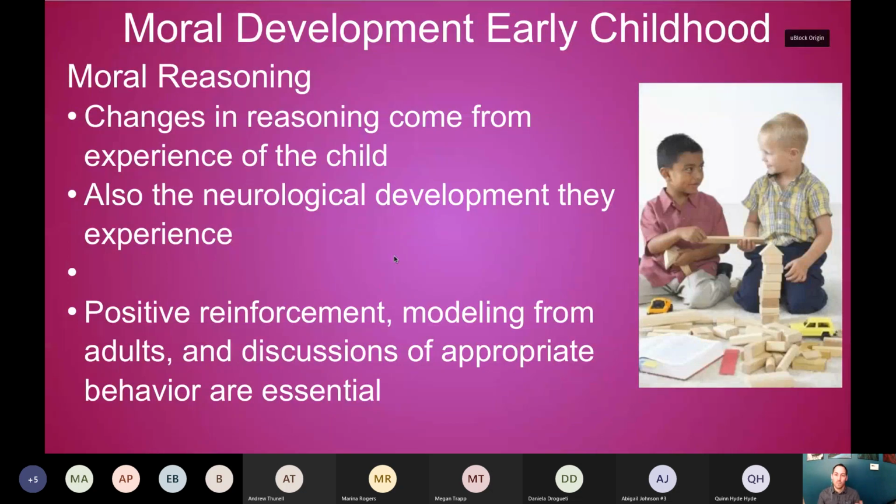So reinforcement or modeling from adults for specific kinds of reasoning, actually doing dilemmas, stopping a Disney movie in the middle. I don't know why this one came to my mind, but it's not a bad one. You could be watching, say, The Fox and the Hound, where the puppy and the baby fox, I think baby foxes are kits, become friends, but then when they grow older, the dog is supposed to hunt the fox.